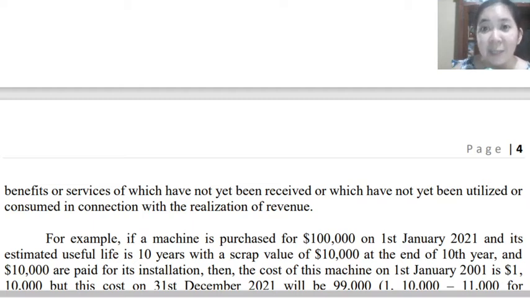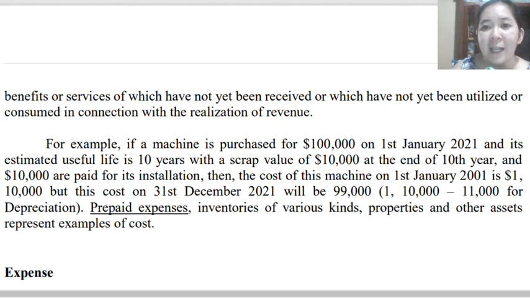Matching principle. We have here an example. Suppose a machine is purchased for $100,000 on January 1st of 2021, its estimated useful life is 10 years, it has a scrap value of $10,000, and at the end of the 10th year, $10,000 is paid for its installation.